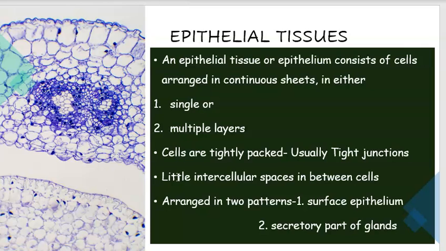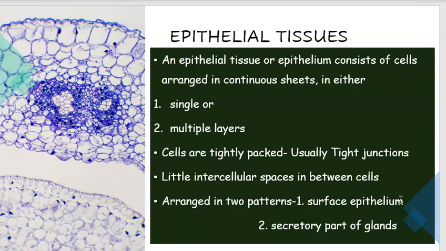Epithelial cells are usually found in two areas, as surface epithelium or in the glands as a secretory part. The surface epithelium means the epithelium which lines the outside of various organs, or the ducts or the lumen of internal organs. So these are lined by surface epithelium.